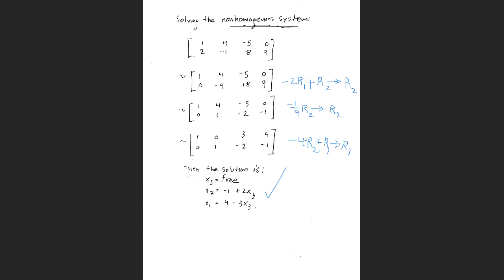The non-homogeneous system gives us a line of intersection, but that line is different from the line of intersection for the homogeneous system. It's different because the solution's different. But you're going to see that there is a connection.